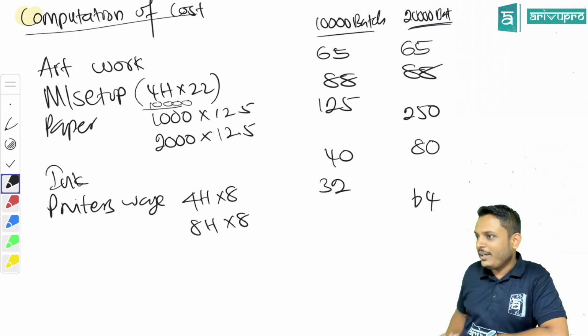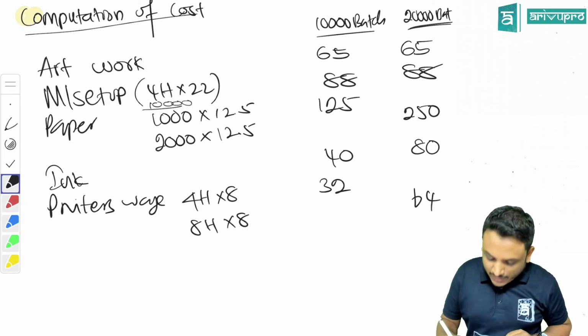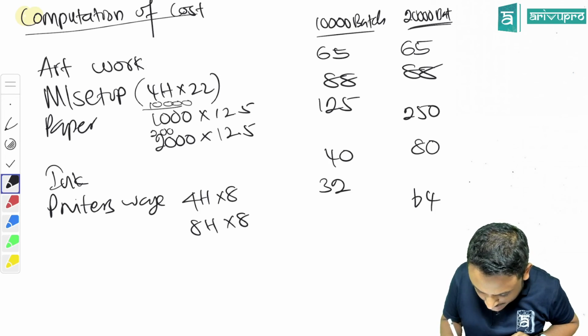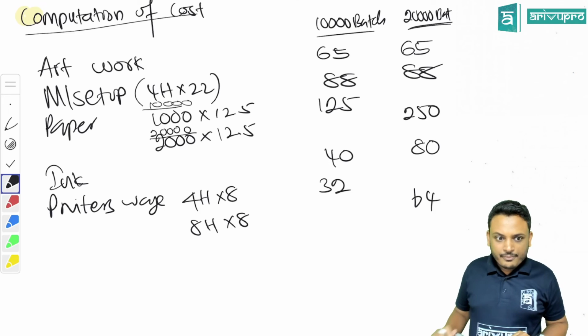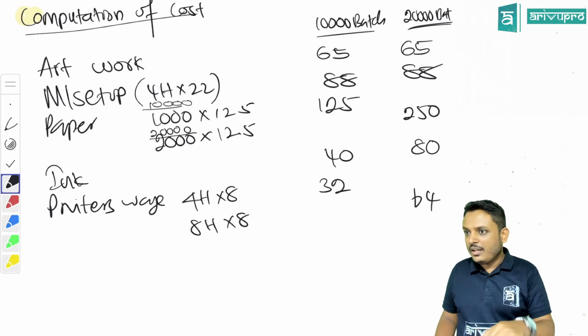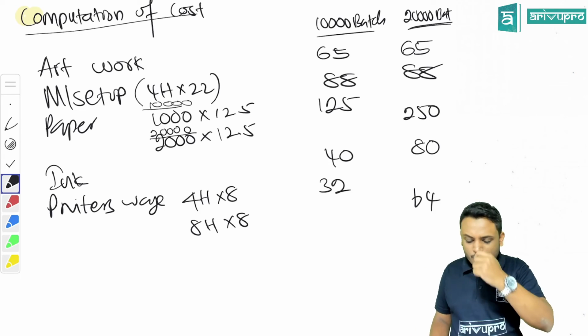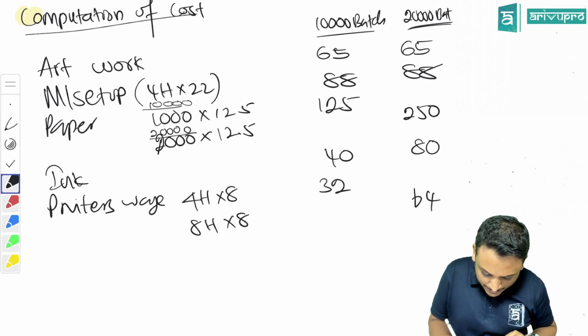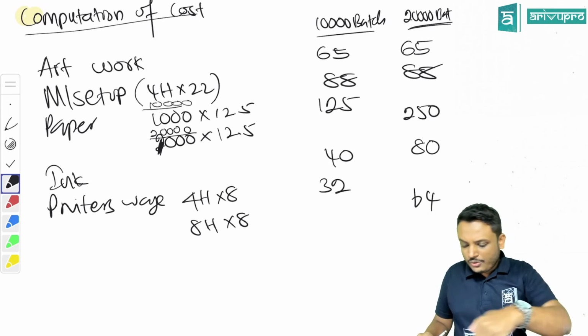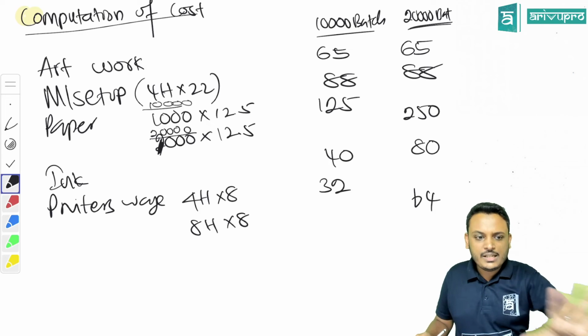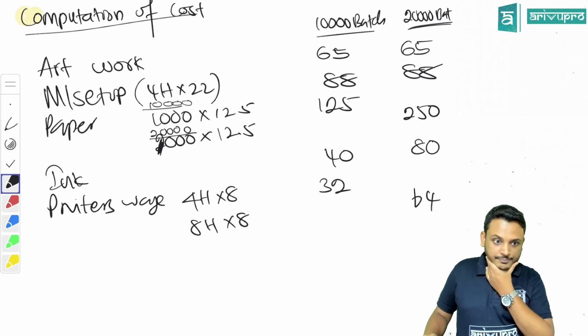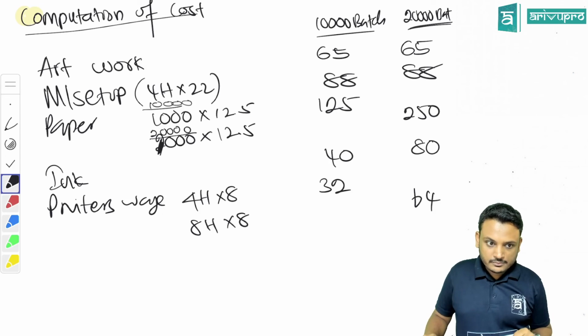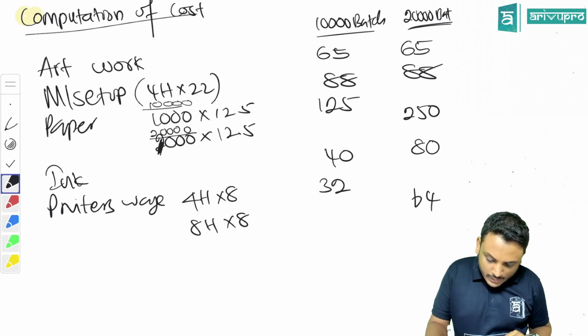That's why it is 125. Here we need 20,000 sheets. 1000 papers is 12.5. So we need 250. Now is it clear, Khan? Right. Next one, printer's wages.